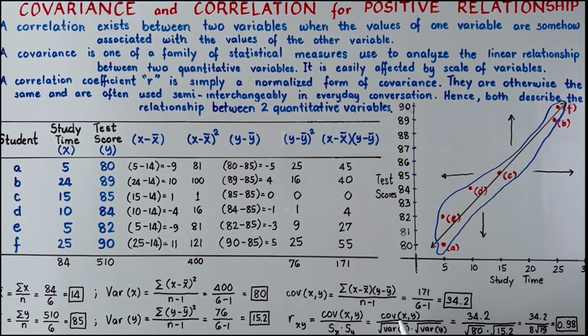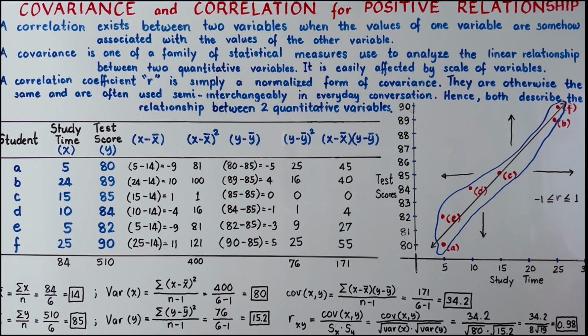But the covariance cannot give you the strength of the relationship because this value increases as you multiply one variable by some number. So in summary, covariance and correlation coefficient give you the direction of a relationship. And in this example, both are positive, so the relationship is positive, meaning they have a direct relationship. But only the R value gives you the strength and not the covariance, because the correlation coefficient ranges from -1 to 1.